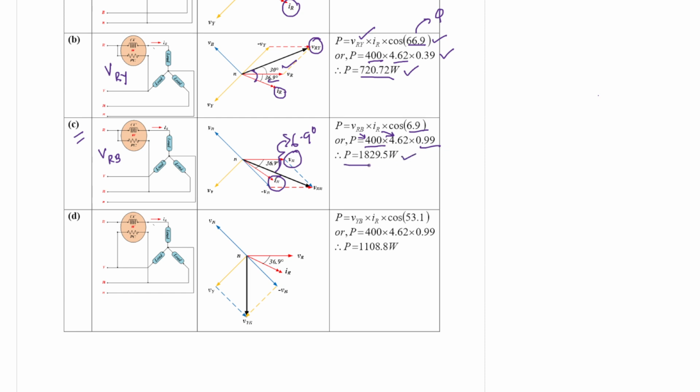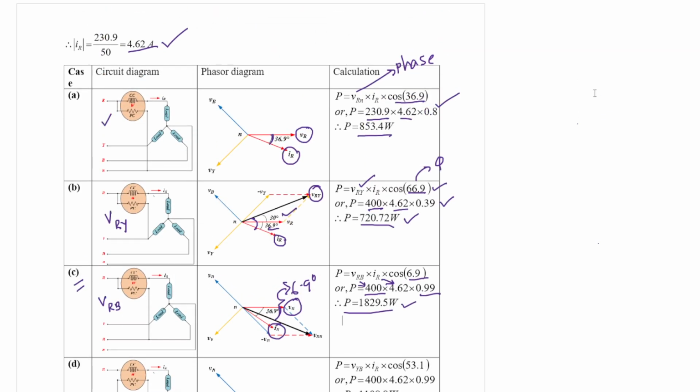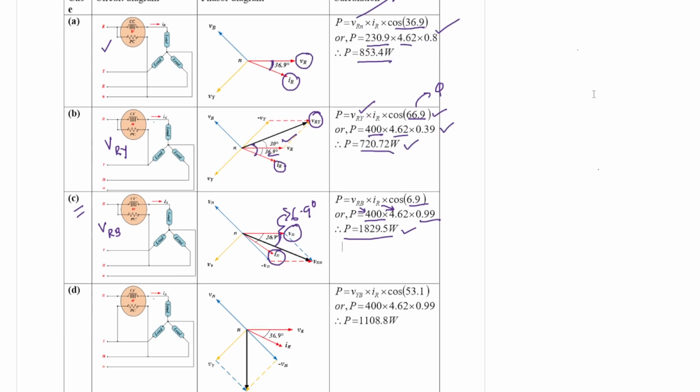You see how large the reading is. It is more than 2 times. Okay. So again, one more time the reading is changed due to the different connection of the wattmeter.